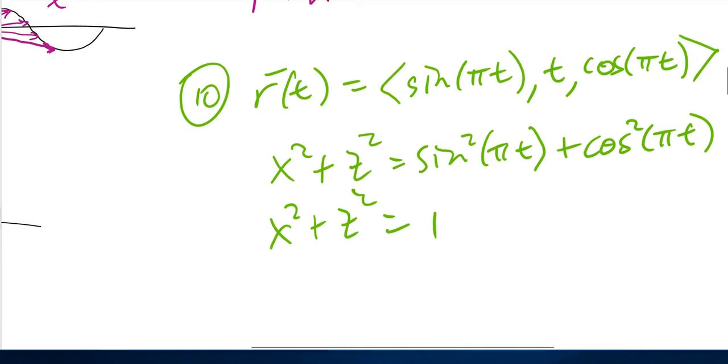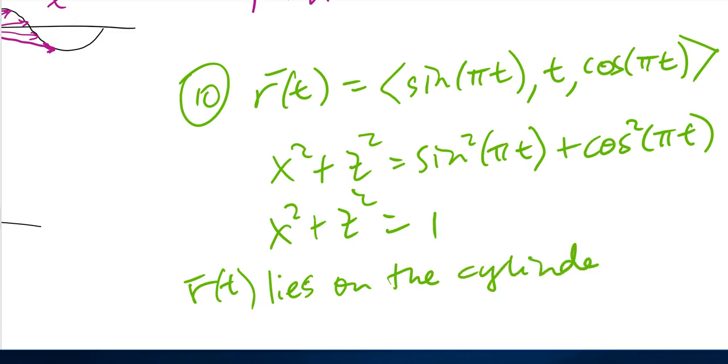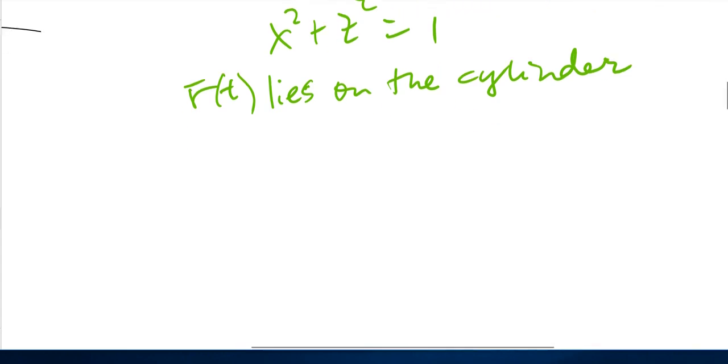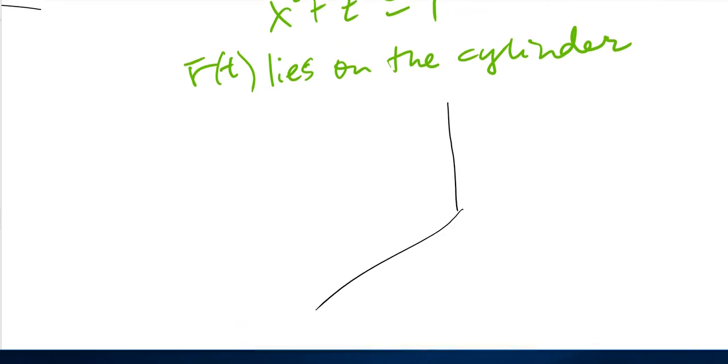So r of t lies on the cylinder x squared plus z squared is 1. Whatever this looks like, it's going to be in this cylinder. Here's x, here's z.